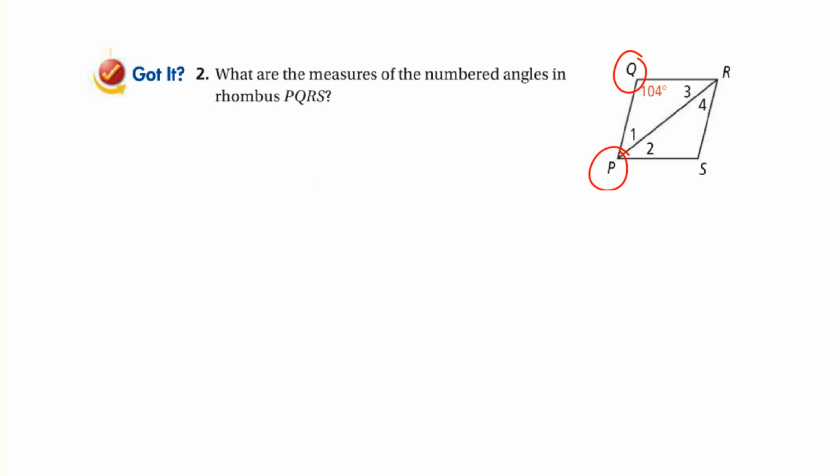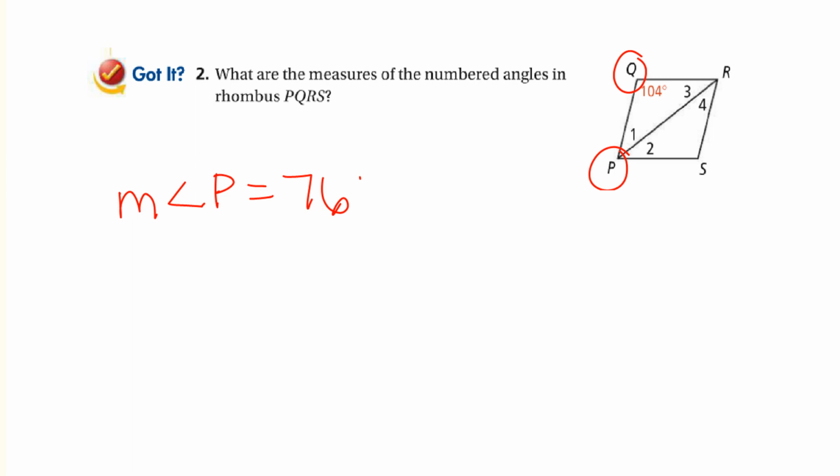Okay, what'd you get? So if angle Q and P are supplementary, that means that the two angles added together need to equal 180. So if the measure of angle Q is 104, then the measure of angle P is what? The measure of angle P is 76. And we remember that the diagonals bisect the opposite angles, so we're just going to cut 76 in half.